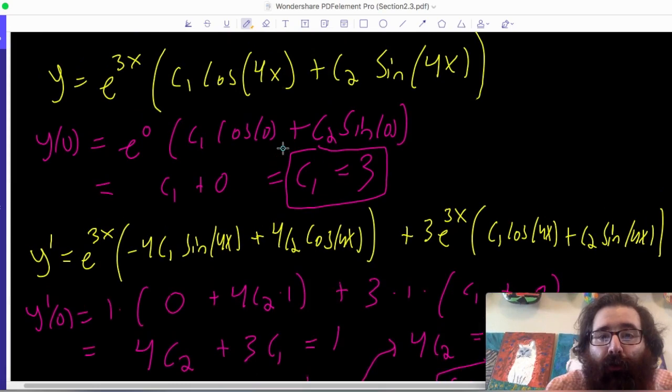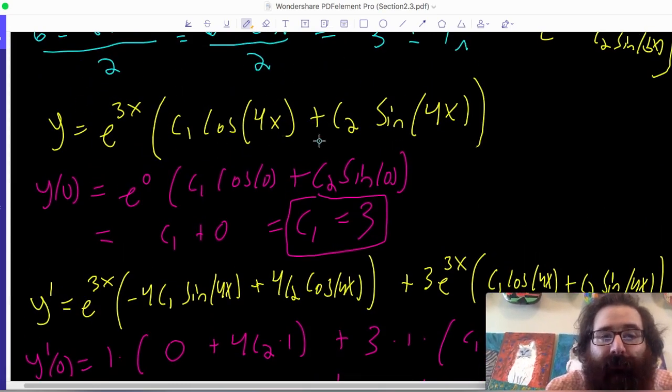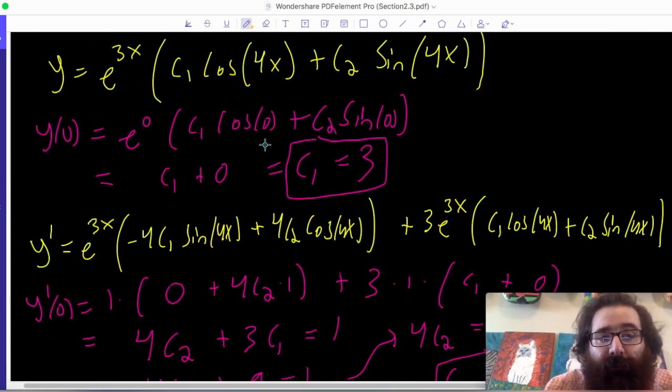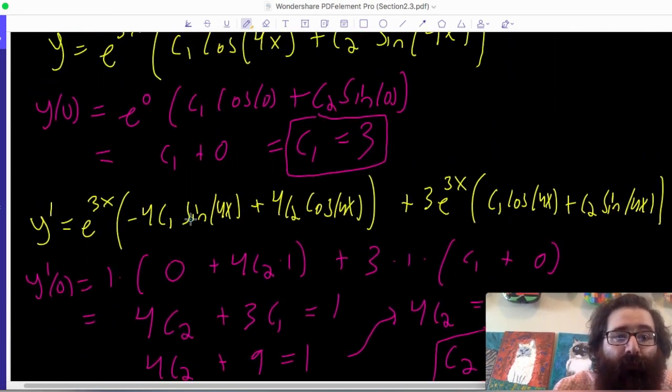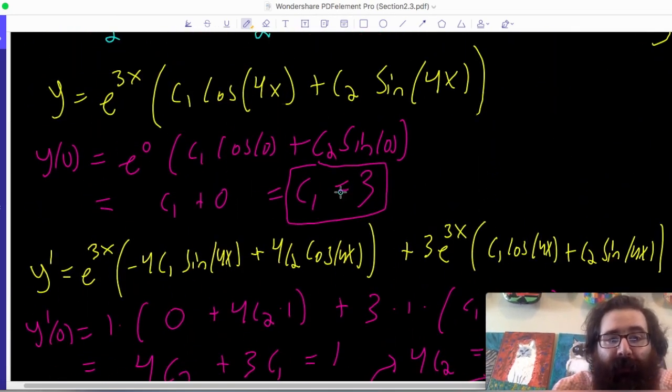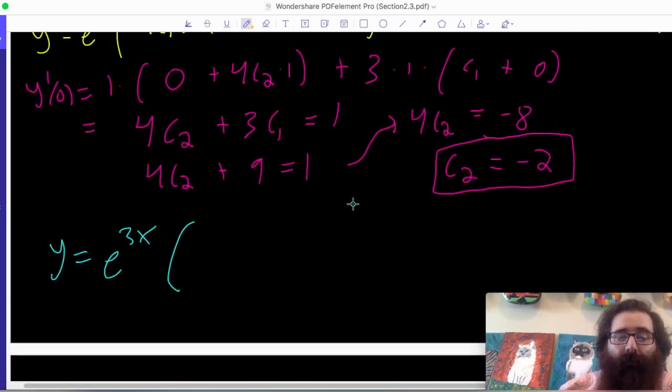And now I can go and I can write out this general solution in terms of a particular solution to the homogeneous. And just enough space for it, right? So we have y equals e to the 3x times, in parentheses, now it was c sub 1 cosine of 4x, but c sub 1 is 3.